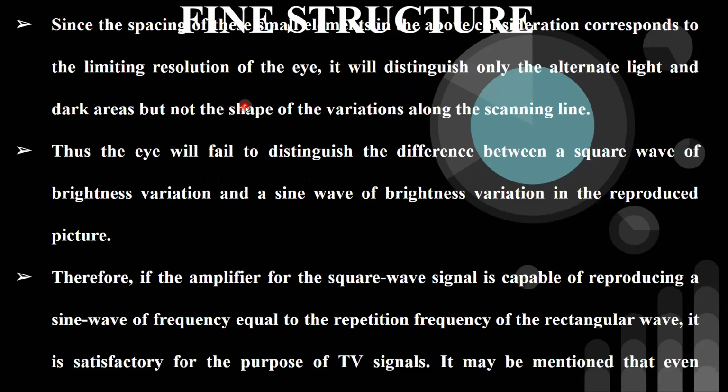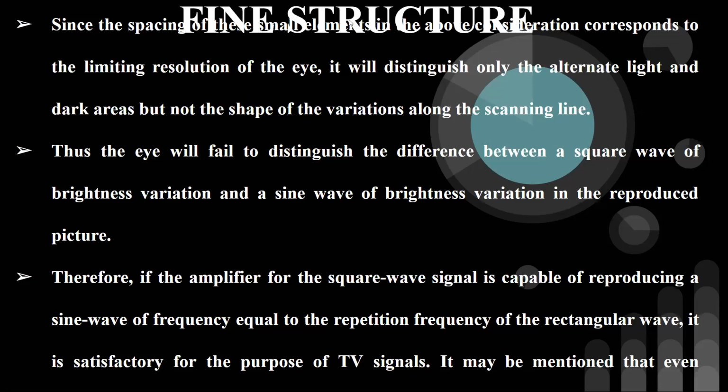Since the spacing of these elements corresponds to the limiting resolution of the eye, it will distinguish only the alternating light and dark areas but not the shape of the variations along the scanning line.